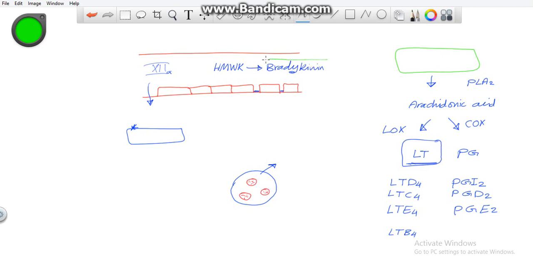It mediates pain. Bradykinin mediates pain. Now, this is important because we only have two things that mediate pain in the process of acute inflammation. One of them is bradykinin, and the other is prostaglandin E2. Okay? Actually, prostaglandin E2 mediates pain and fever.